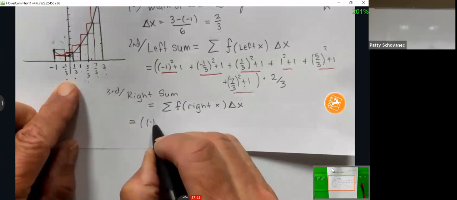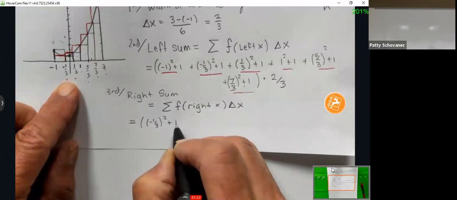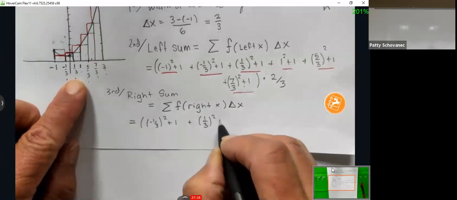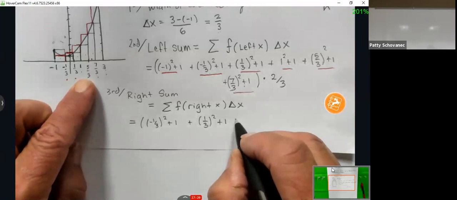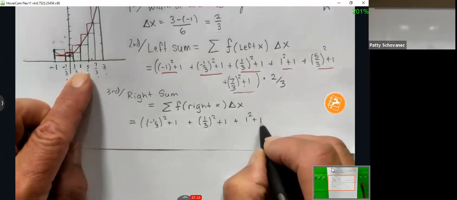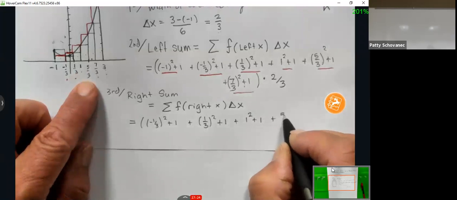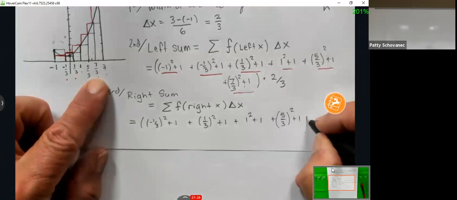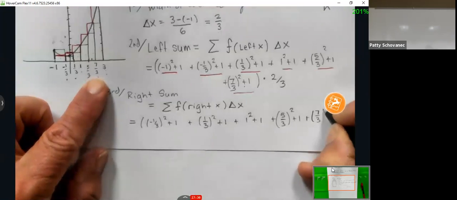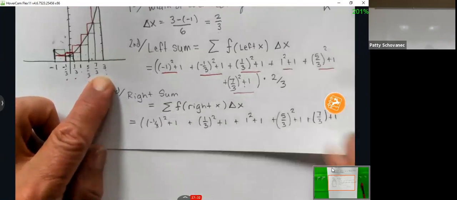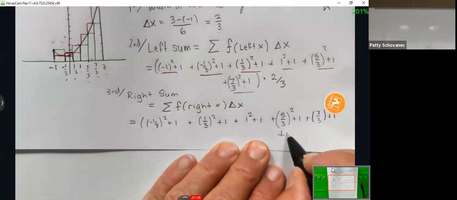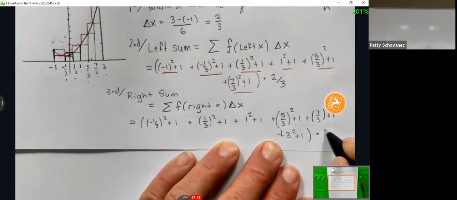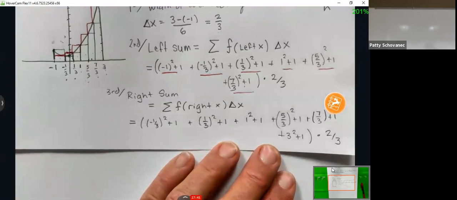Negative 1/3 squared plus 1 plus positive 1/3 squared plus 1 plus the 1 squared plus 1 plus the 5/3 squared plus 1 plus 7/3 squared plus 1, and then finally plus 3 squared plus 1. All of that times the delta x of 2/3.